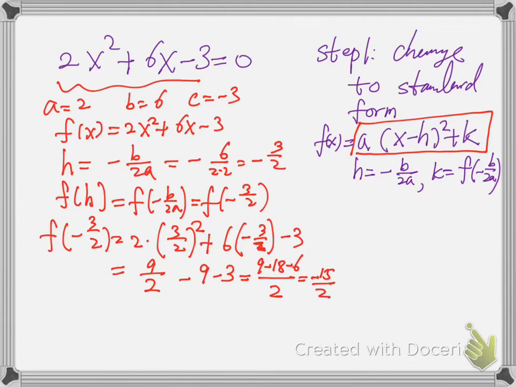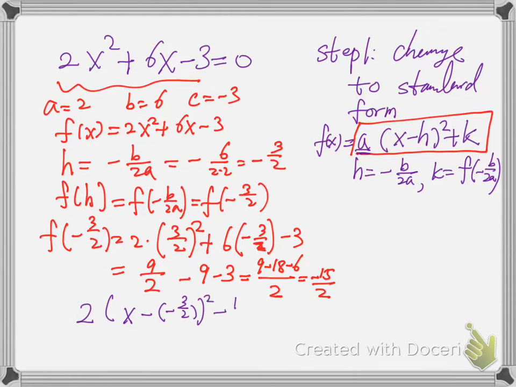Now we can rewrite the left hand side as a perfect square. So the new left hand side is 2, this a, times x minus h, so x minus negative 3 over 2 squared plus k.